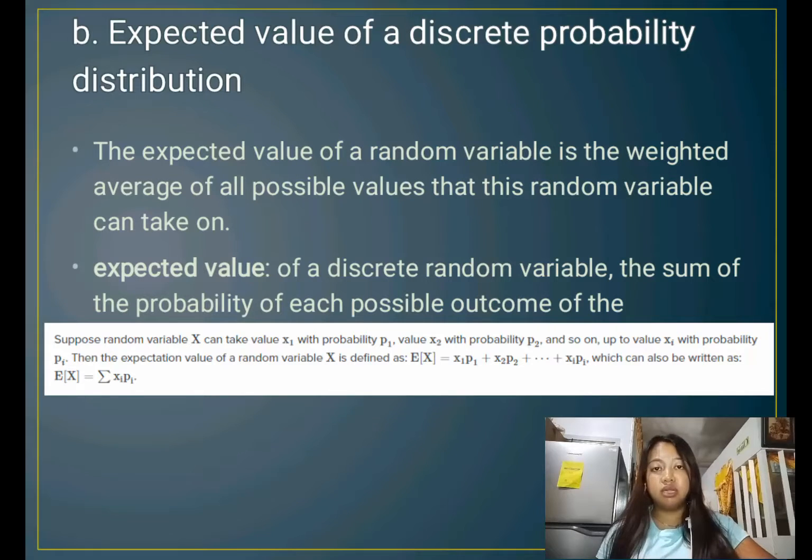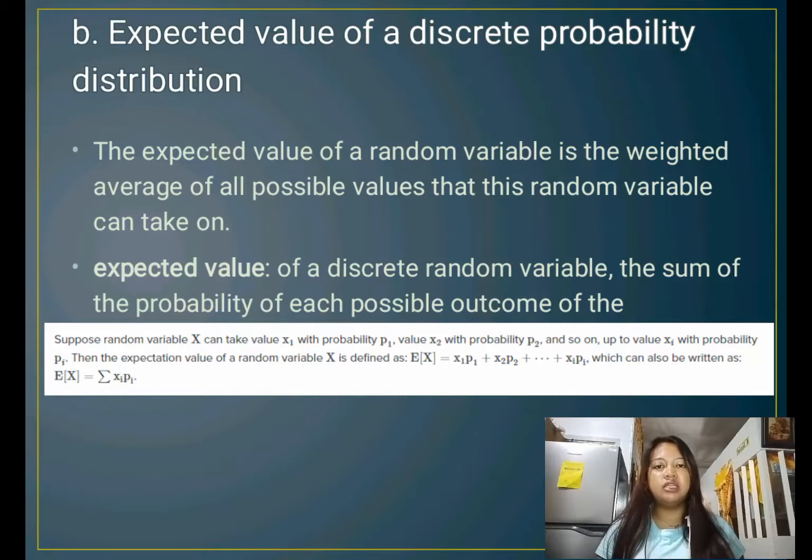Suppose random variable x can take a value x1 with probability p1, value x2 with probability p2, and so on, up to the last value xn with probability pn.